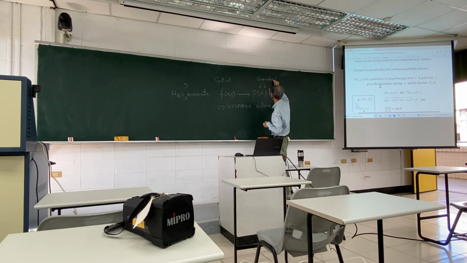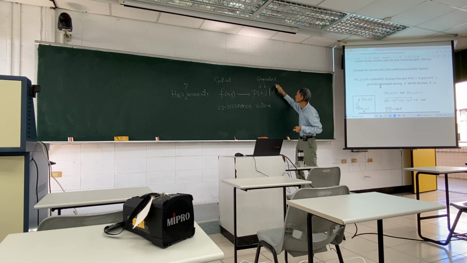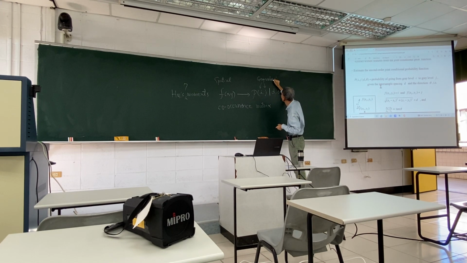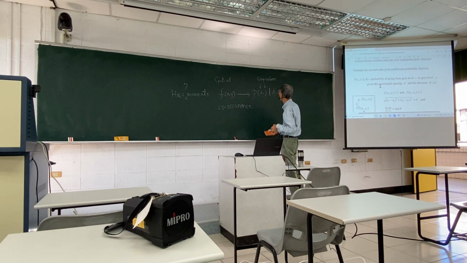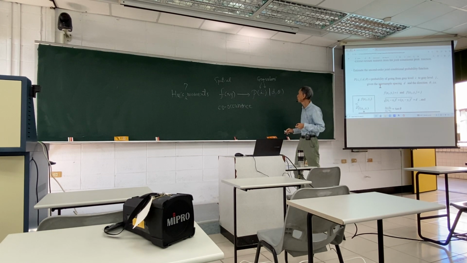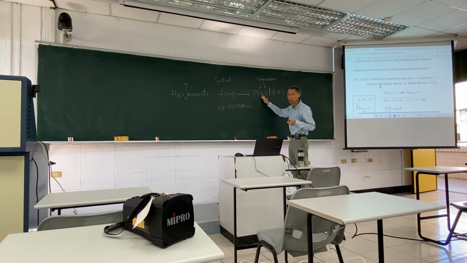The first i and j are gray values. For some pixel location at x,y with gray value i, j will be the gray value of the neighboring pixel.